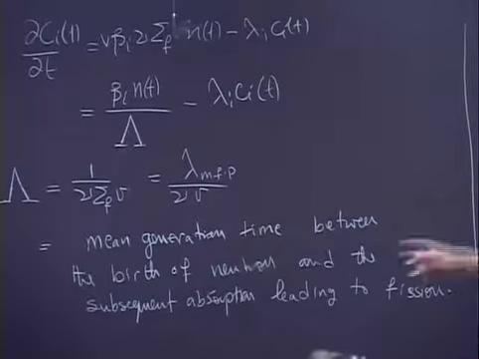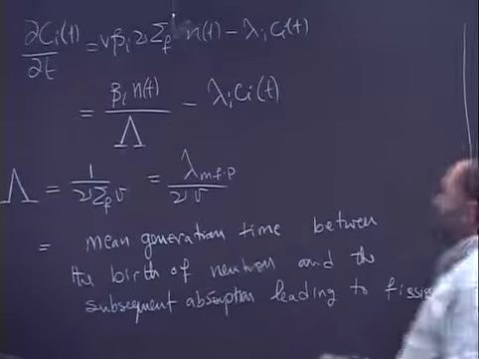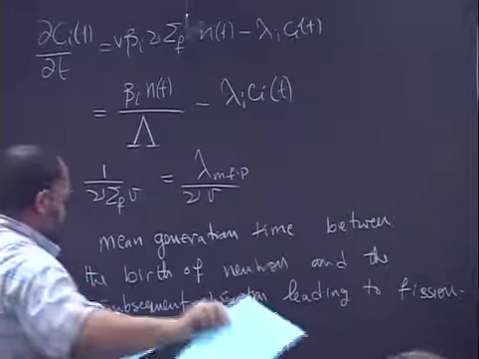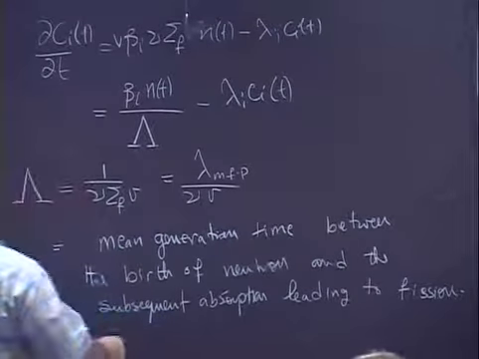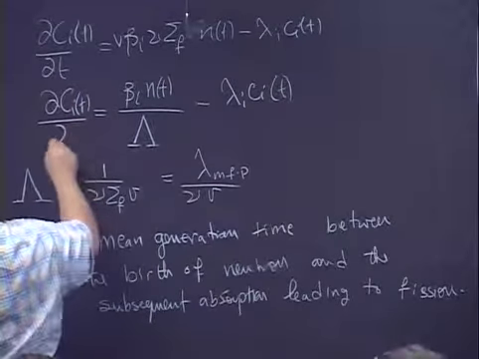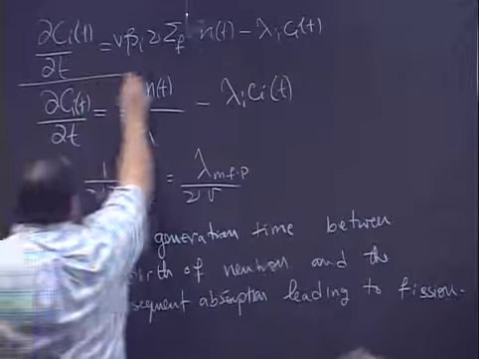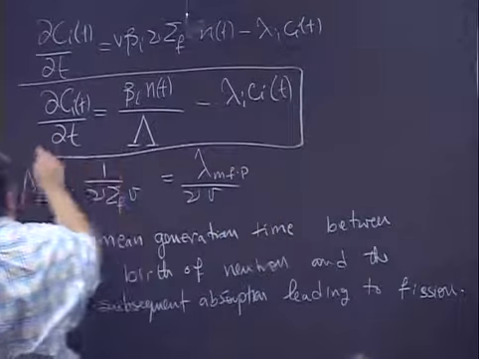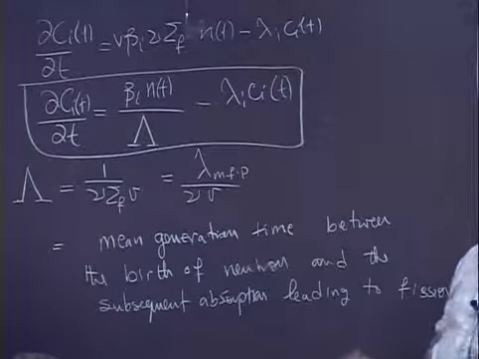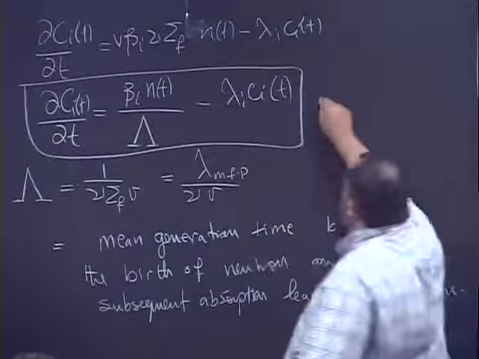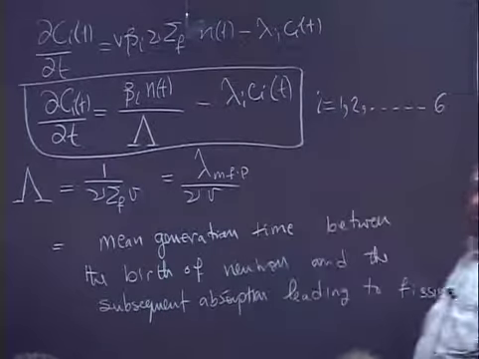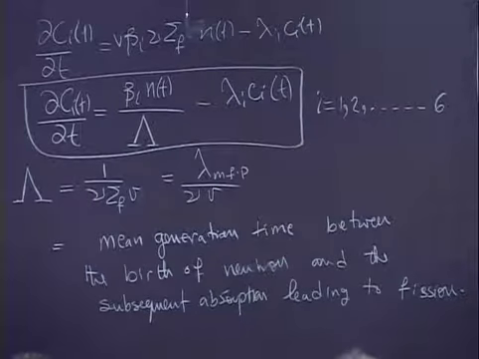So this is the first equation then. dCi by dt is equal to this. How many equations do you have here? 6 equations, because we have 6 groups.